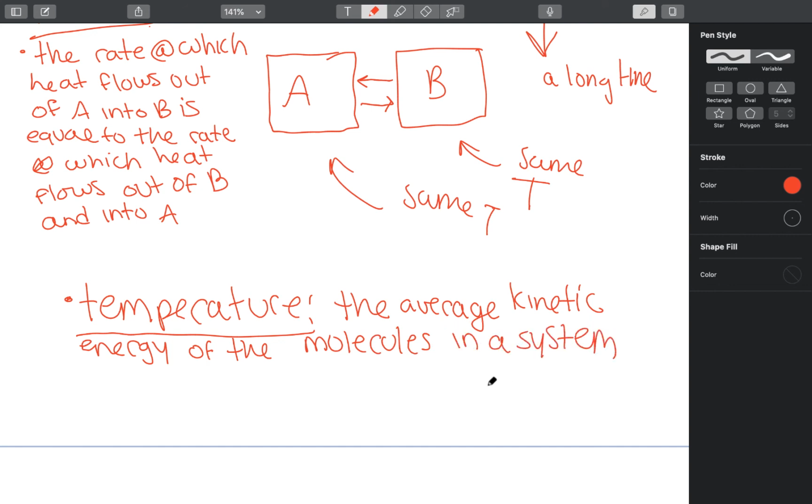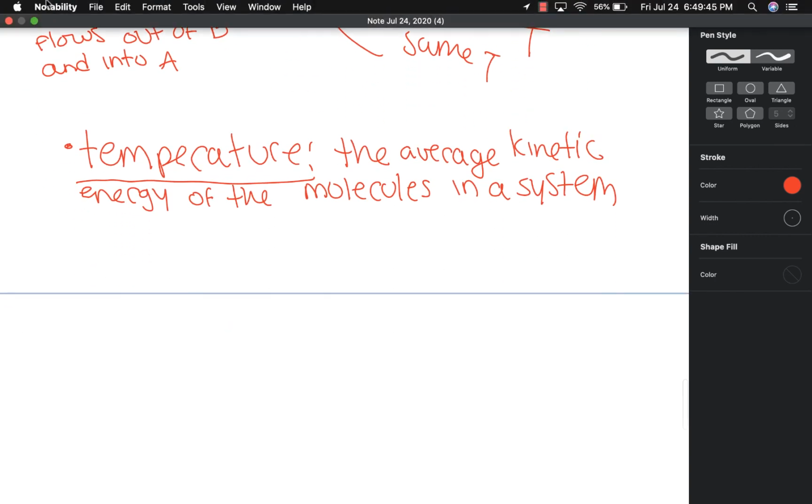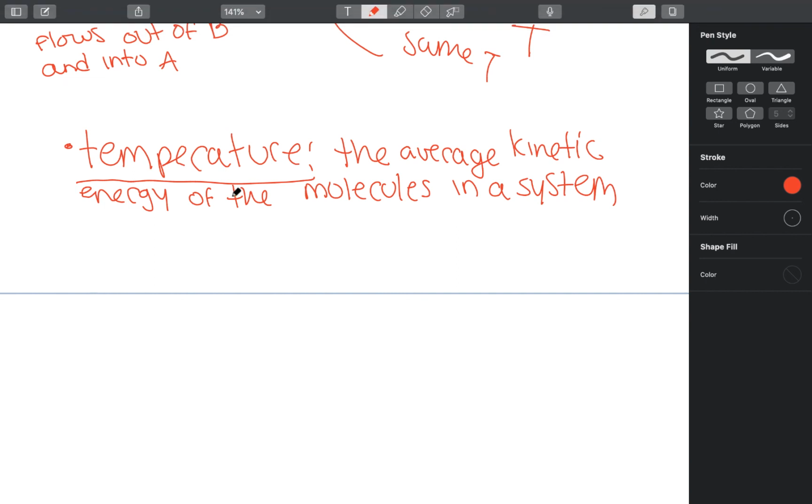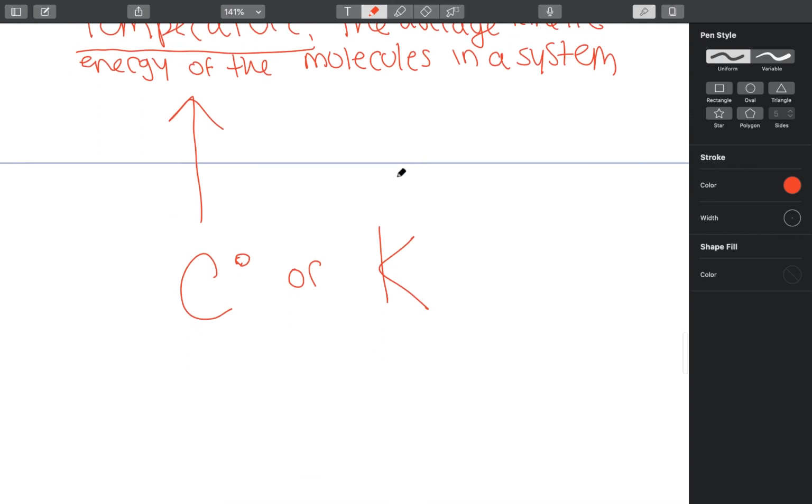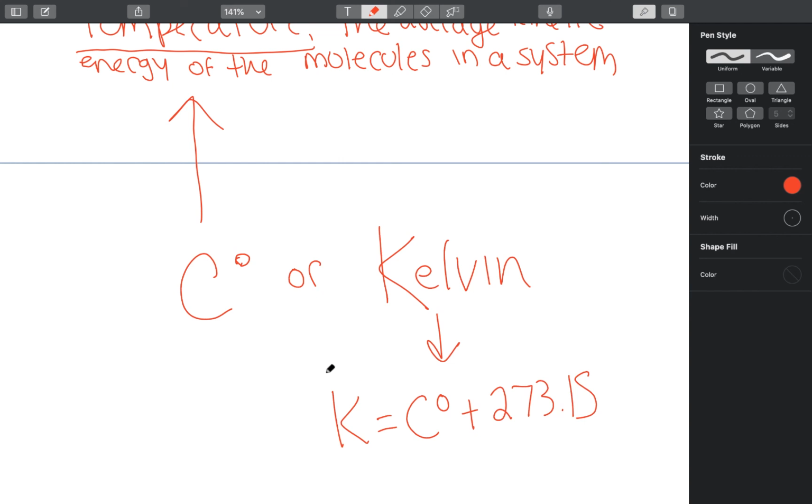So it's the average kinetic energy of the molecules in a system. So it's basically how much energy is in a system. So temperature is often measured in Celsius or in Kelvin. And now Kelvin, or K, is equal to the degrees Celsius plus 273.15. So you'll often see it either in Kelvin or in Celsius.